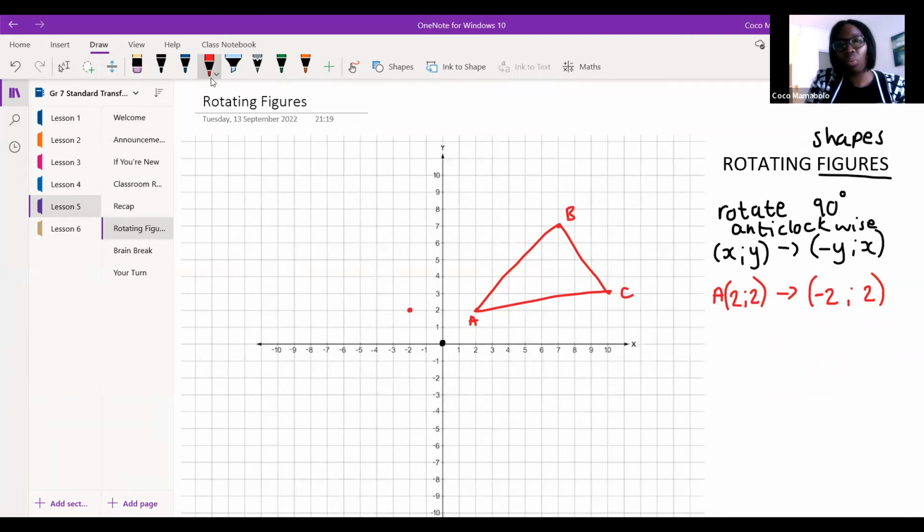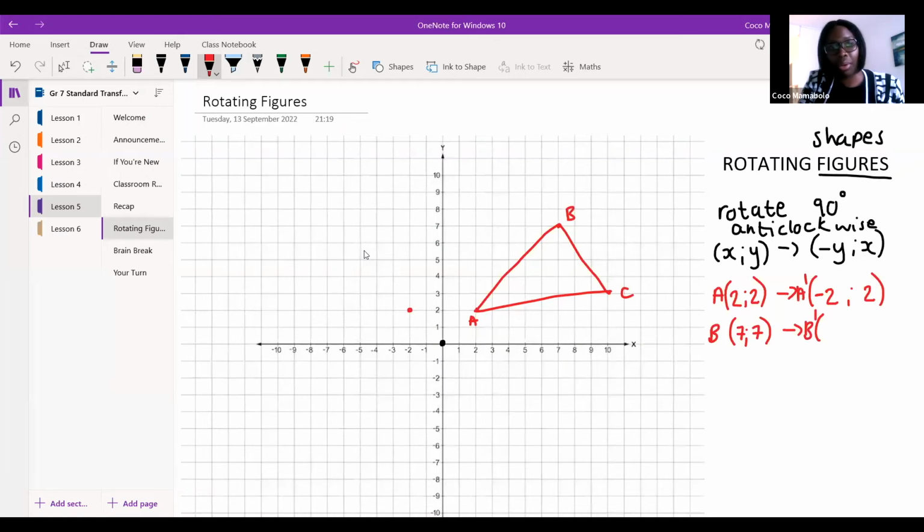So guys, what are the coordinates for B? Can you tell me what the coordinates for B are? You guys are super fast. Good. My coordinates for B are 7 and 7. Now, if I have to rotate them, what is my new value for B going to be? Sorry, this is A prime.